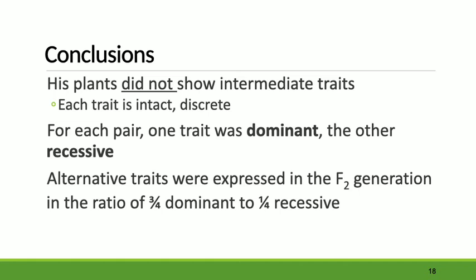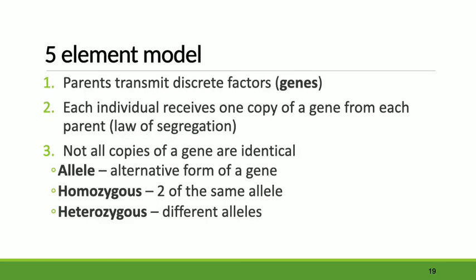And he eventually described a 5-element model that we have altered just a little bit with more modern language. So parents transmit discrete factors, meaning they pass on discrete pieces of information, like a recipe, and this is called a gene in modern terms.